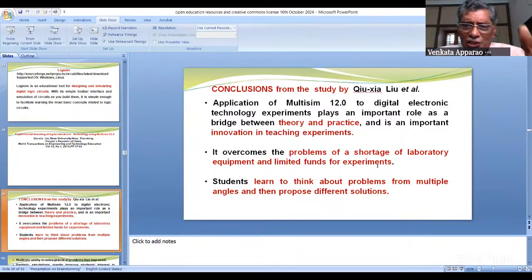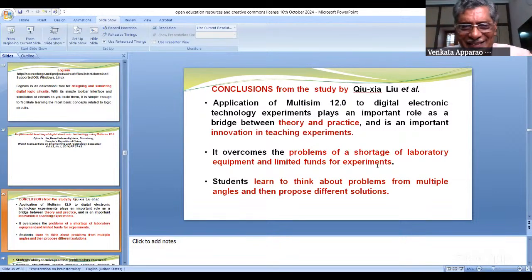These are the conclusions of the study by the researchers. Application of Multisim 12.0 version to digital electronic technology experiments plays an important role as a bridge between theory and practice. And it is an important innovation in teaching experiments. It overcomes the problems of a shortage of laboratory equipment and limited funds for experiments.